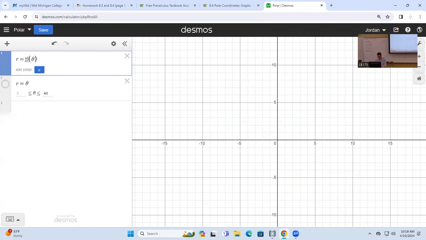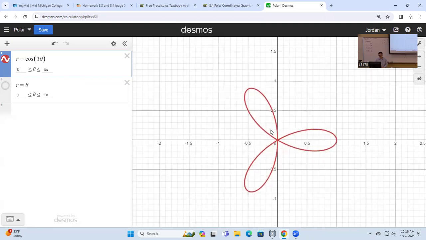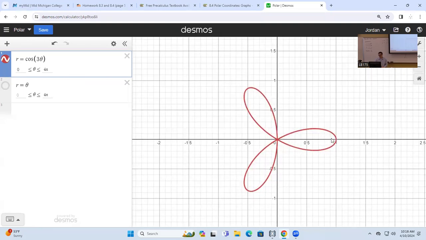What do you think r equals, let's say, cosine of 3 theta is going to do? Any guesses? What did cosine of theta give us? Cosine of theta just gave us one circle, right? Cosine of 3 theta gave us an object with 3 loops instead of just 1.